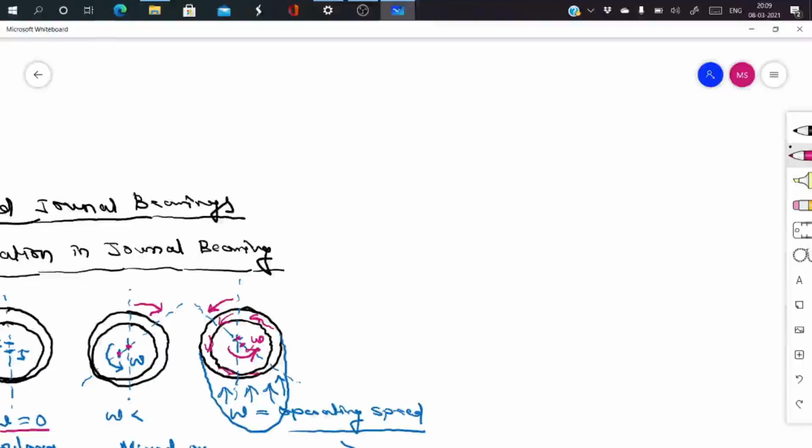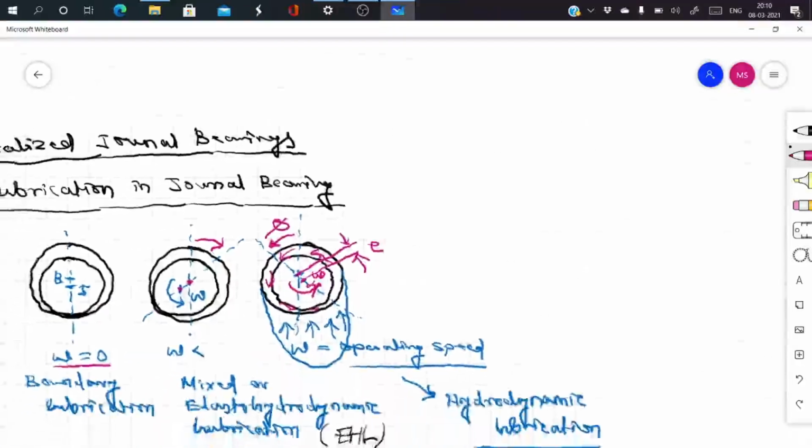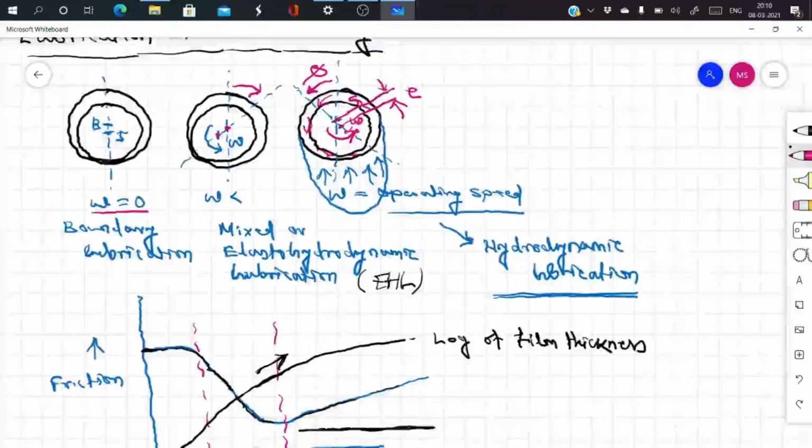So this angle is phi, and the gap between the journal center and the bearing center is known as E. It is eccentricity.